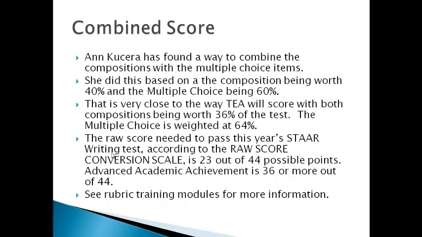They would have met the satisfactory range. If they get a raw score of 36 out of 44 or more, that is advanced academic achievement. Anything below that, 22 and below, is considered unsatisfactory. Again, I refer you back to the nuts and bolts, the first module, if you have more questions.